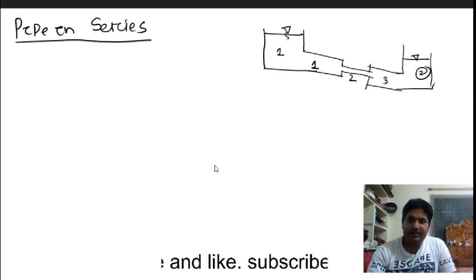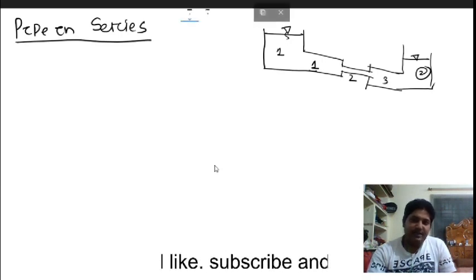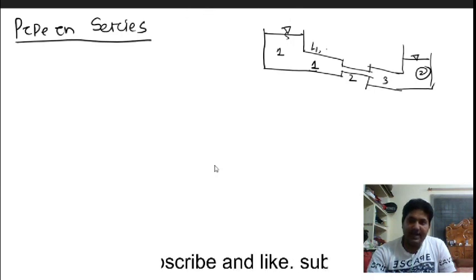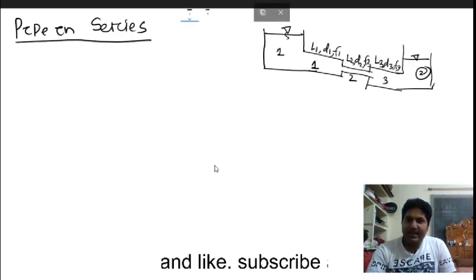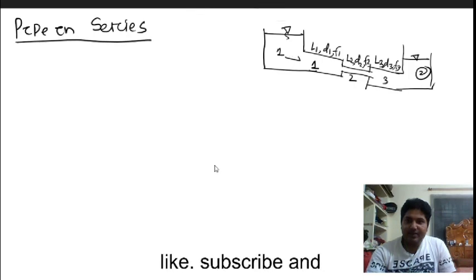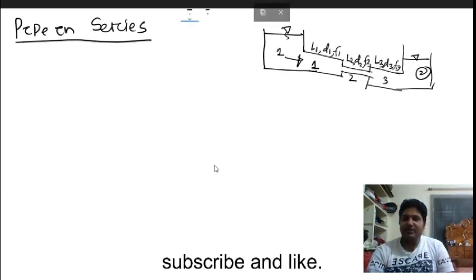Suppose the first pipe has length L1, diameter D1, and friction factor F1, this is length L2, D2, and friction factor F2, and this is L3, D3, and friction factor F3. The discharge is constant, because the discharge will be the same in all the pipes.